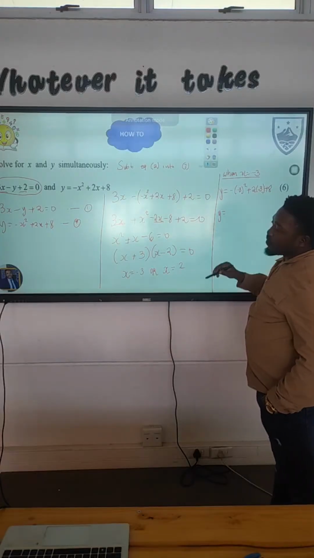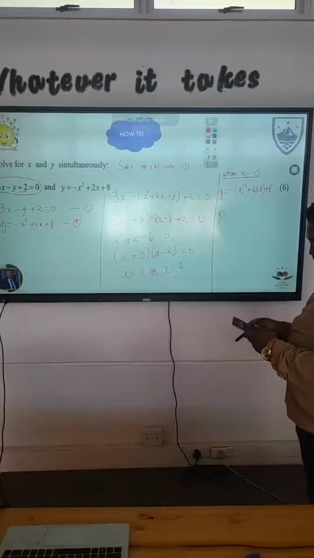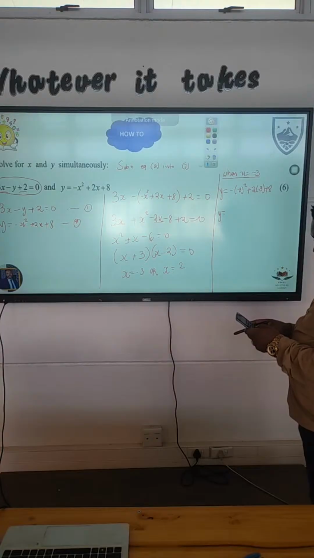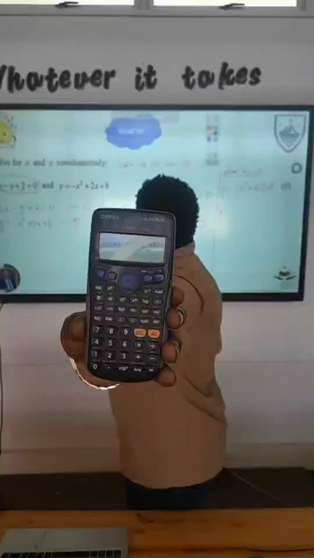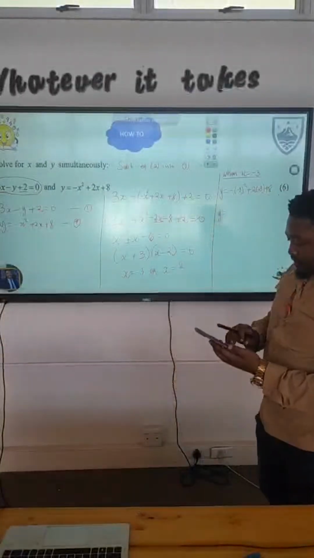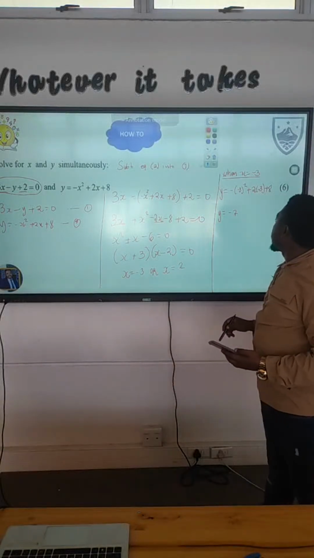Pressing the calculator as it is, we have a negative, close brackets, negative 3 squared, and plus 2, open bracket, negative 3, and then plus 8. You see, I'm just pasting it as I see it, and press equals to sign, that my y equals to negative 7.